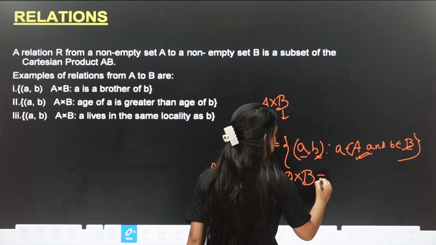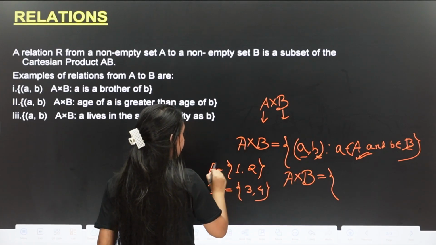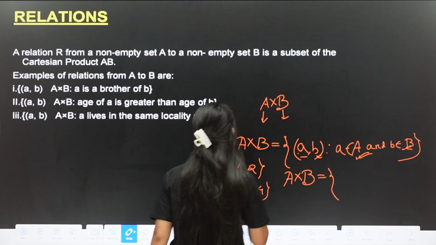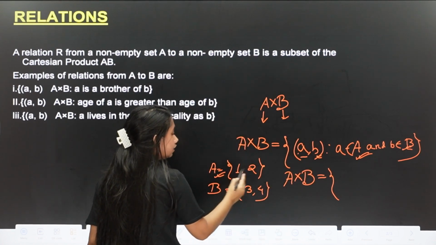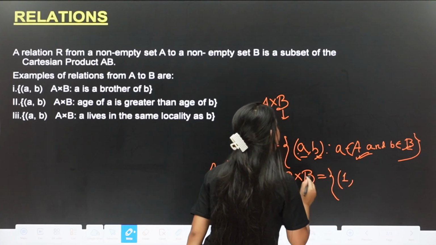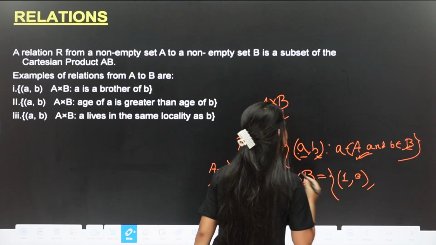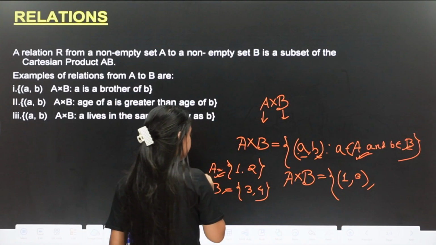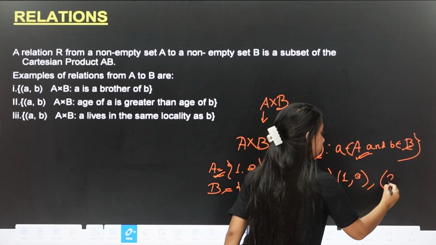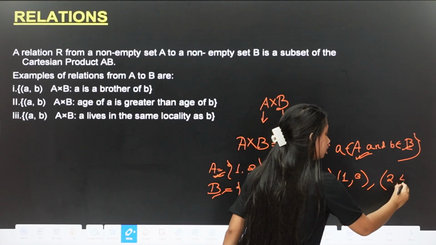A cross B is equal to, the first element will be a member of the first set A, that is 1, and the second member is a member of B, that is 3. Again, a is a member of A, that is 2, and b is a member of B, that is 4.